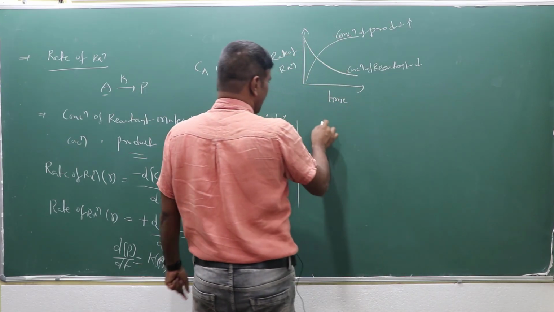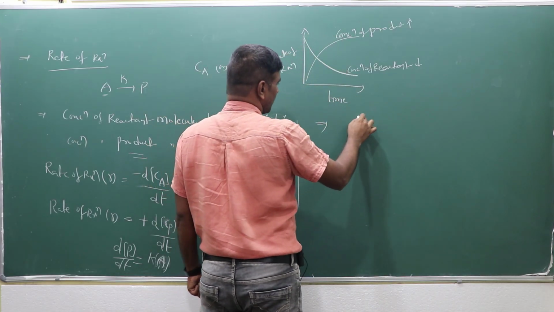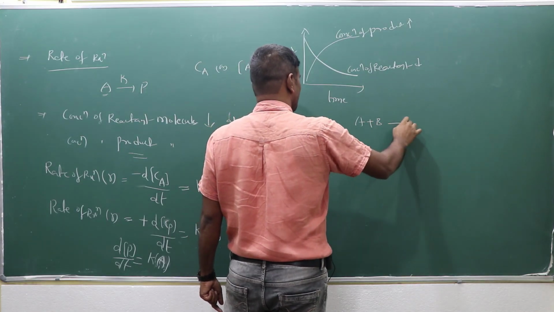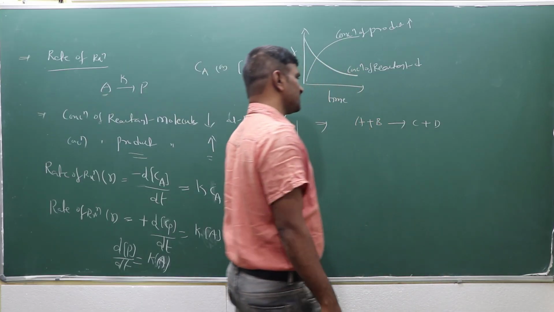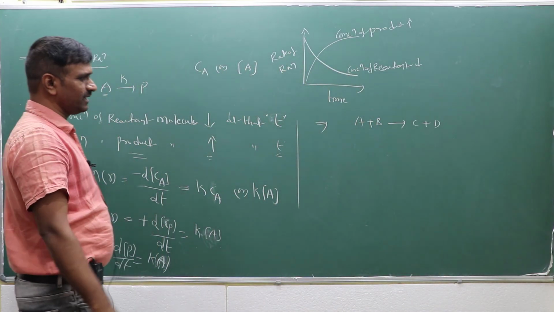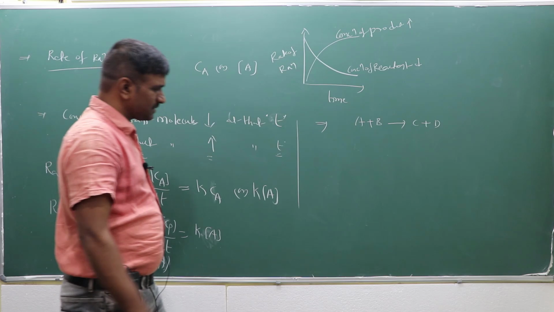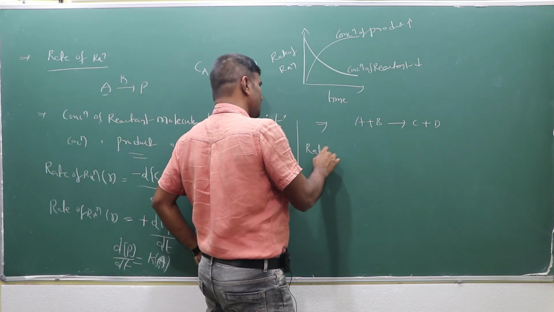Suppose the reaction is given as A plus B gives C plus D. How do we express the rate of reaction or rate law equation?